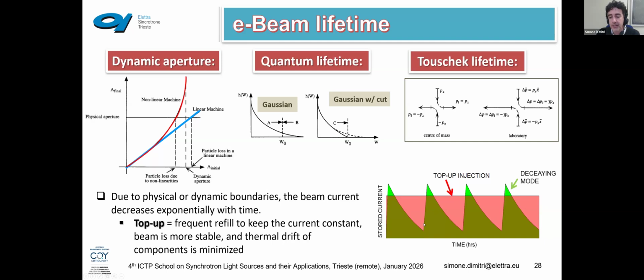So you have to reinject an amount of charge by filling up several bunches until you go back to the nominal maximum stored current and so on.